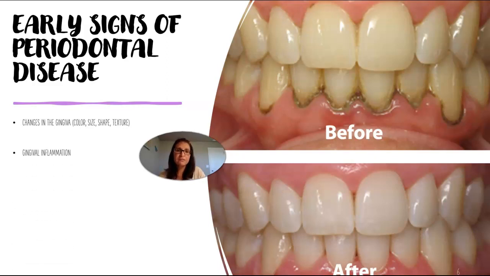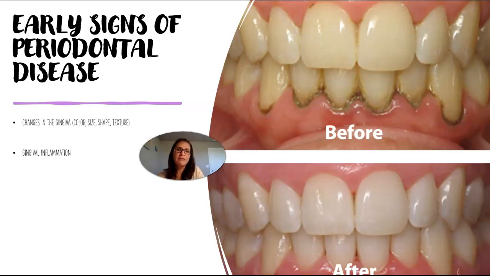Next would be inflammation, as we have going on in this area right here. We know that inflammation is the body's natural response to an infection. It sends things to combat that infection and try to help clear it up, and our body's response is to become inflamed as a result of trying to heal.